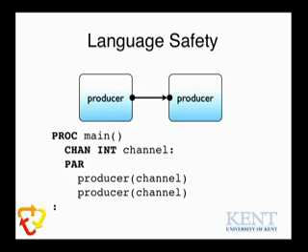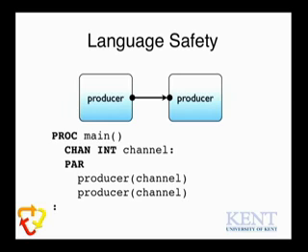Now, what I've done here is just try to show how the language can help you write safer concurrent programs. So one thing you might do is use the wrong process in place of some other process you were going to try to use. So here we have a producer-producer network. And obviously, this is probably not really what you want.